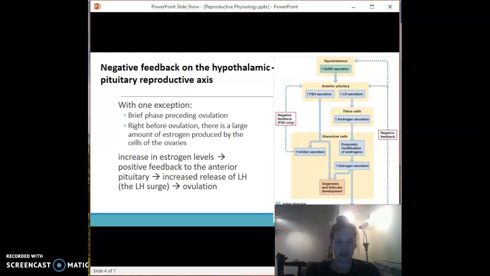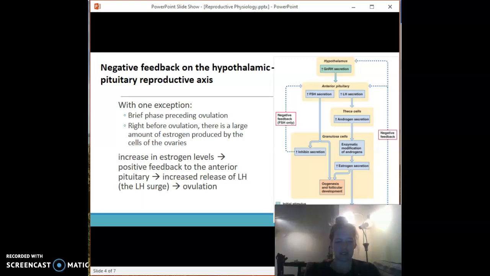At the same time, LH acts on the theca cells to increase androgen secretions. Those act on the granulosa cells, which enzymatically modify the androgens, which increases estrogen secretion, which pushes along oogenesis and follicular development.